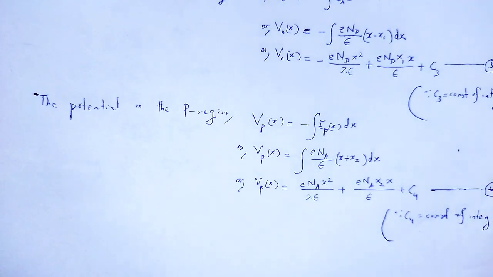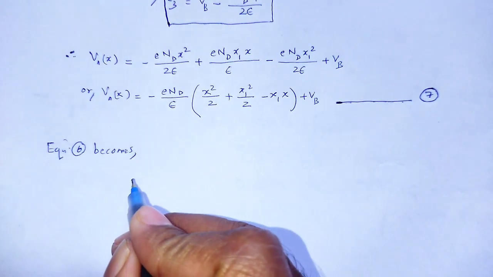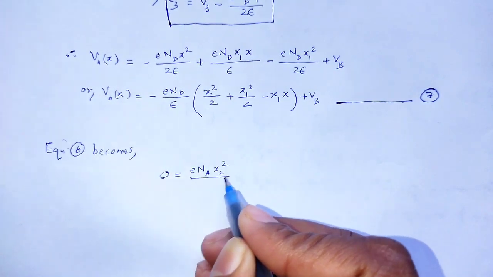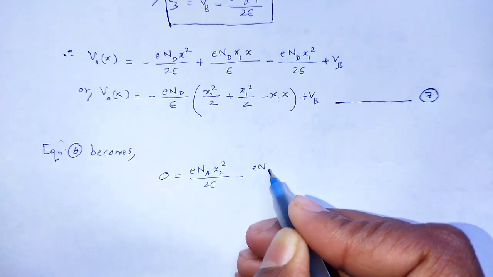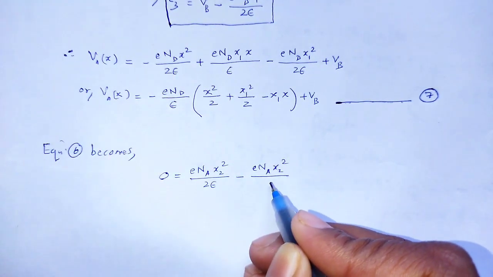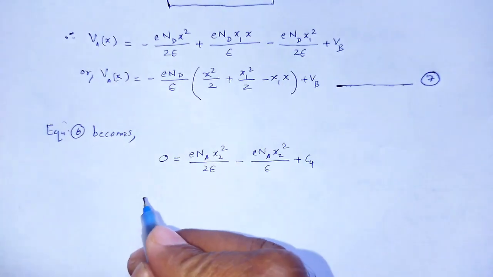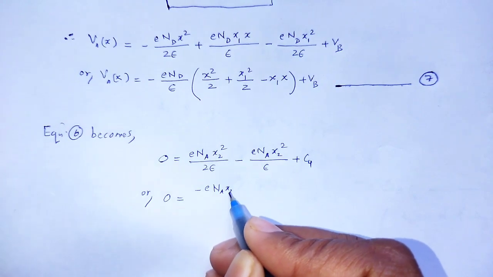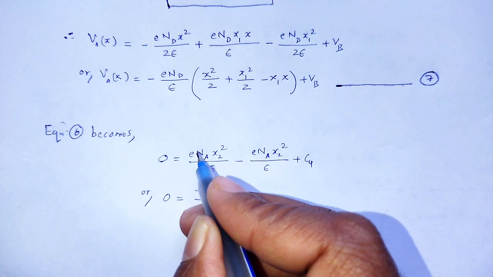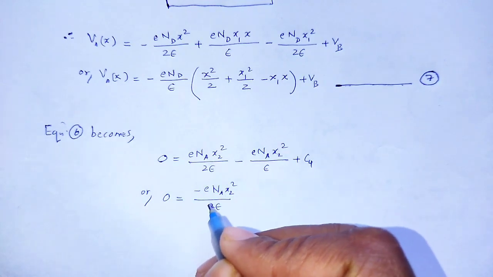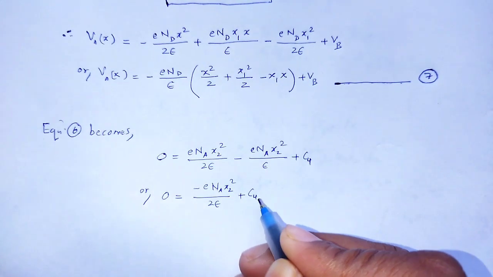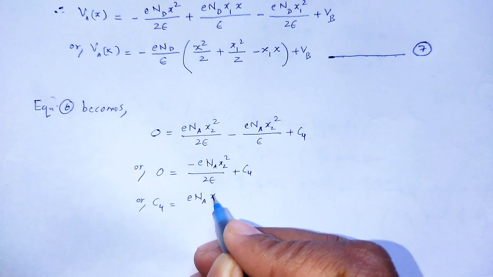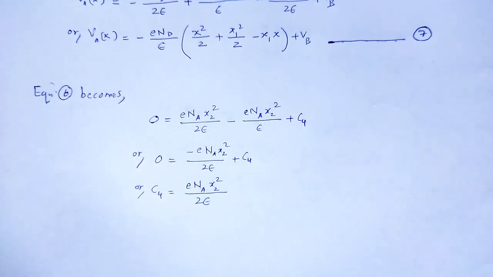Now, equation number 6 changes to 0 is equal to E Na x2 square divided by 2 epsilon minus E Na x2 square divided by epsilon plus the constant C4, or 0 is equal to minus E Na x2 square divided by 2 epsilon, 1 by 2 minus 1, that is minus half, plus C4, or C4 is equal to E Na x2 square divided by 2 epsilon.